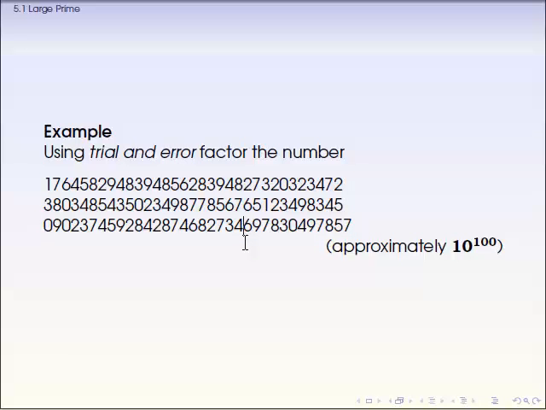So let's try factorization, or just try to divide this number by some prime numbers. You can start from 2. Definitely it's not divisible by 2. How about 3? We have a method, right? Just add all these digits and check whether the sum is divisible by 3 or not. Definitely it's not. So just keep doing it this way. How long is it going to take, right? That's the question.